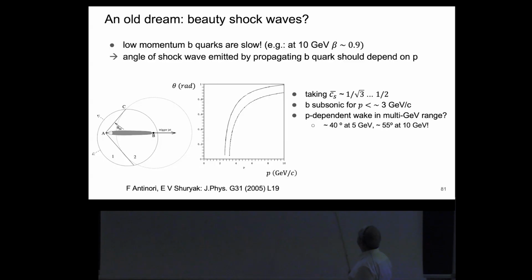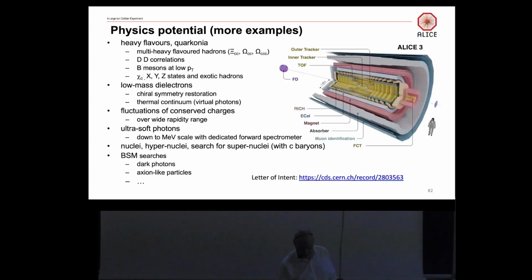If one takes typical values of the speed of sound in the Quark-Gluon plasma, one would have the following situation: B is subsonic for a momentum below 3 GeV or so, and then it becomes supersonic at some point, and one would have a p-dependent wake in the multi-GeV range. This is some very rough calculation that we made with Shuryak many years ago. Okay, it's something to look for. Again, at very high statistics, something like this might come into view.